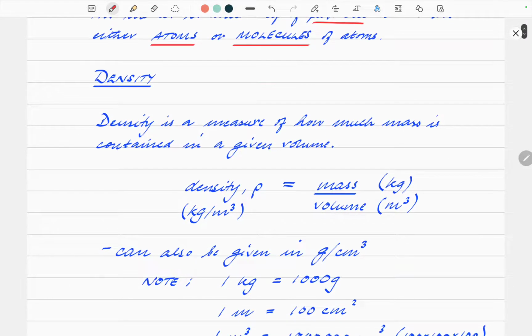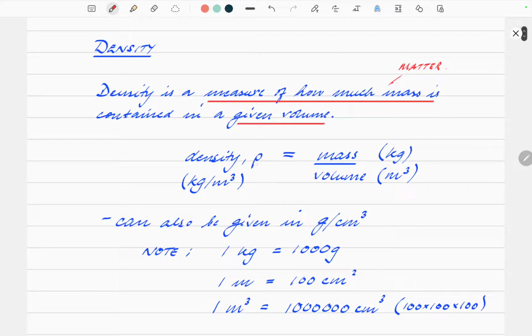Density is a measure of how much mass is contained in a given volume, so per unit volume. In a physics context, mass is an indication of how much matter there is.